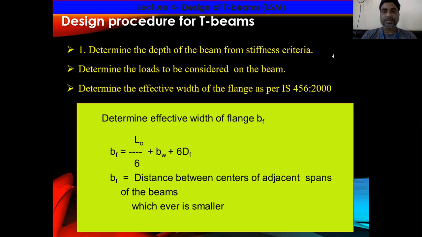That means you need to determine the depth of the beam based upon the stiffness criteria. You can assume the L effective by d ratio, and based upon that, you can determine the effective depth of the beam.